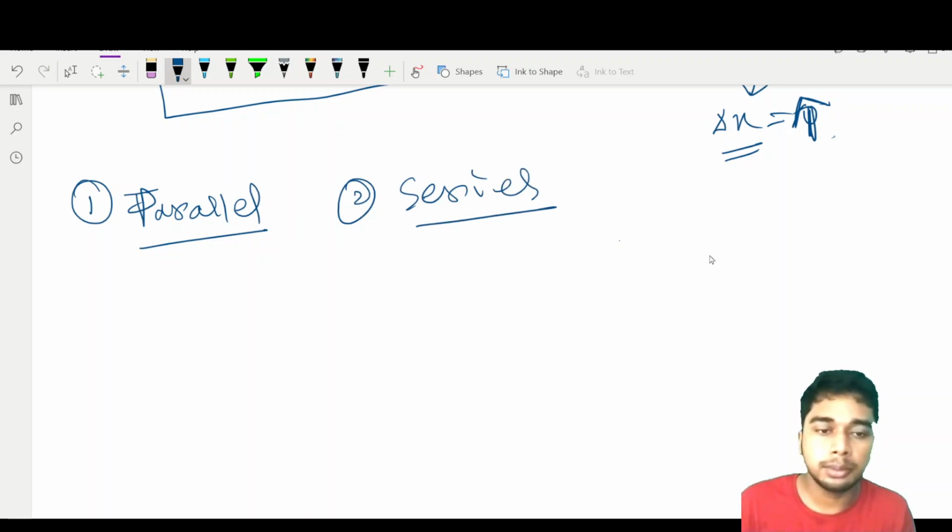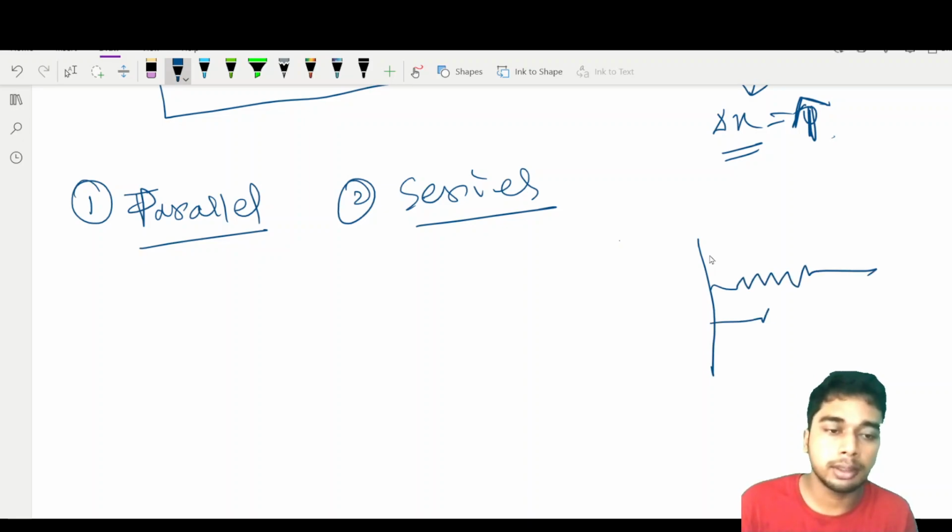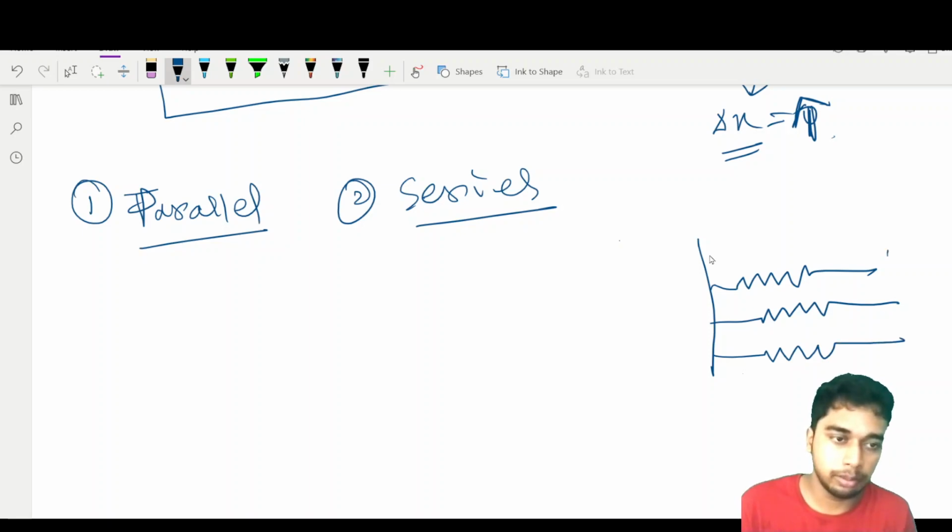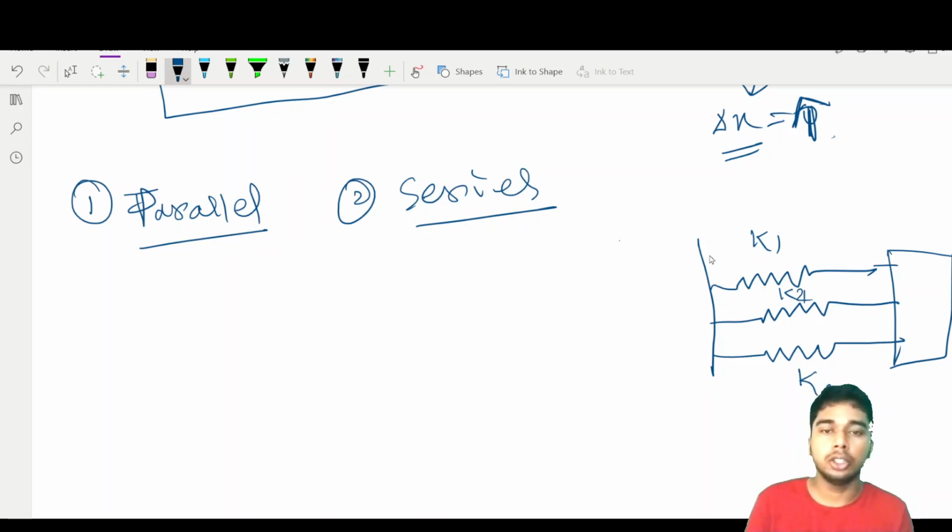Parallel case means there are many springs connected in parallel in this fashion to a block. I am considering this one: this is spring constant K1, this is spring constant K2, and the lower one has spring constant K3. So this is the parallel one.